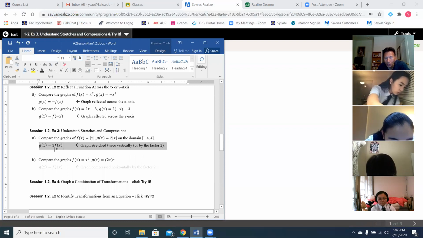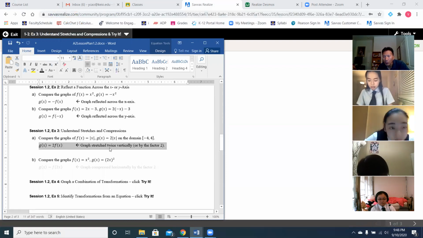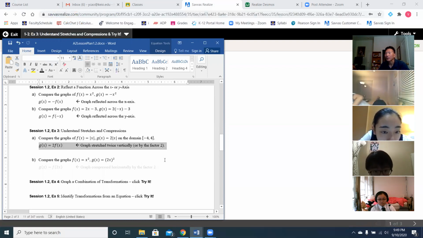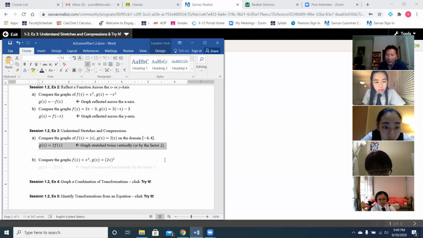If g(x) equals 2f(x), the graph is going to stretch twice vertically. Pull up. Or you can say stretched by a factor of 2. Either way is fine. Stretch vertically, twice vertically. So that's what we get.